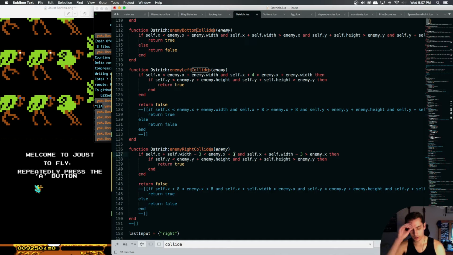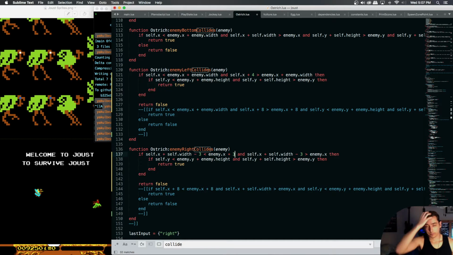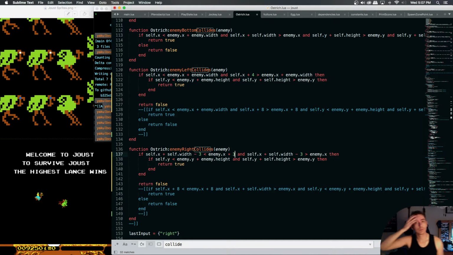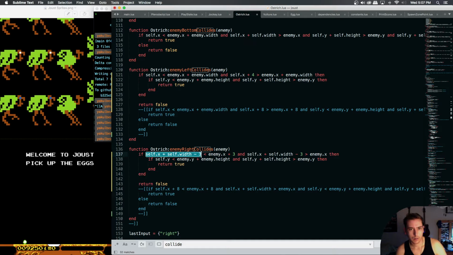So for the leftmost side of our ostrich bounding box, this is on the enemy right collides. The leftmost side of our bounding box is not the right side of our ostrich, but 3 pixels in. We have to see if the leftmost side is smaller than the rightmost side.